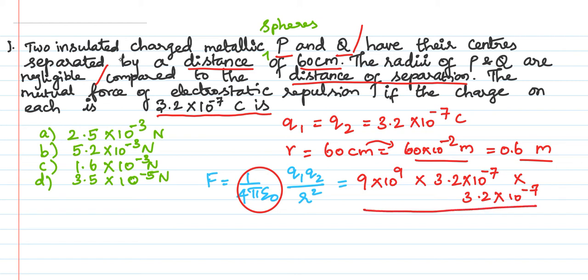And then in the denominator, since it is r square, I am going to write this as 0.6 into 0.6. So first you can start working out with the values with the powers. So that you will be doing, and then the final answer what you are going to get is nothing but what? 2.56 into 10 to the power of minus 3 Newton.